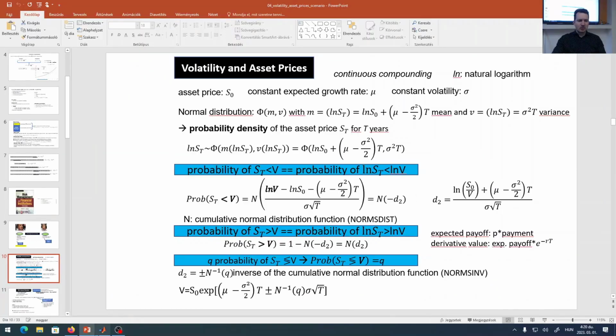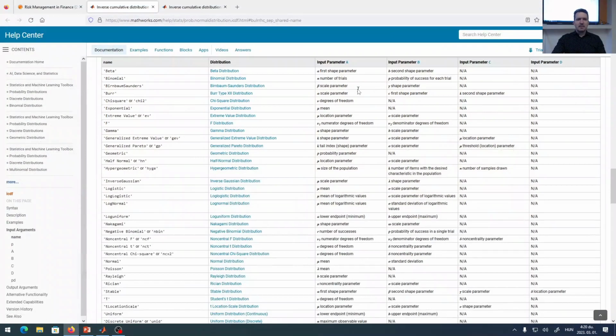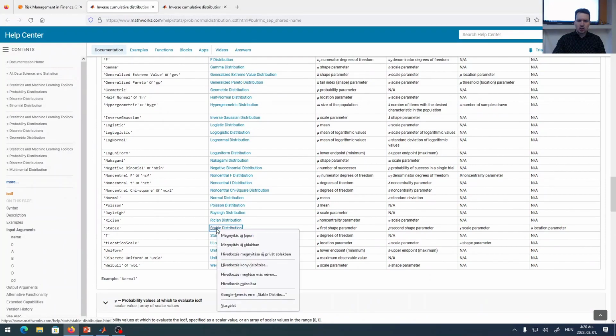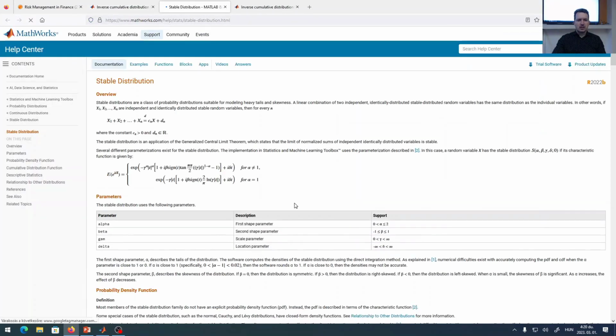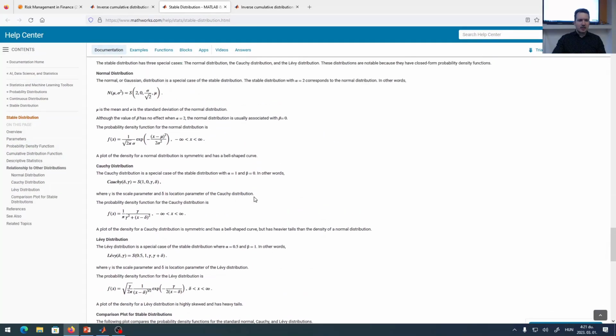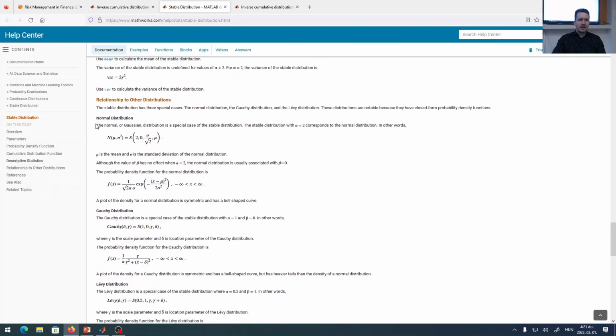If we go to Matlab and look at the stable distribution, this one looks disgusting, but if we go down, there it is. So how can we link normal distribution to stable distributions?